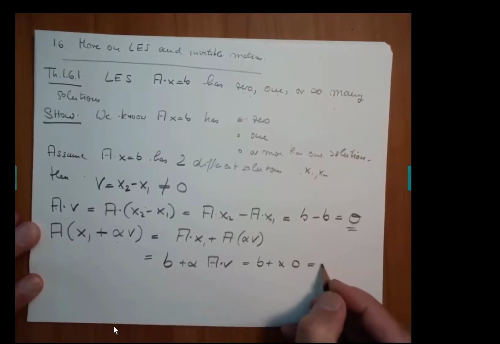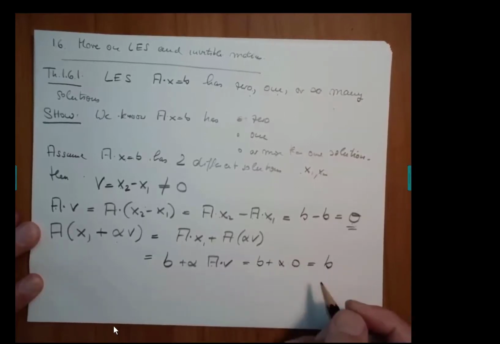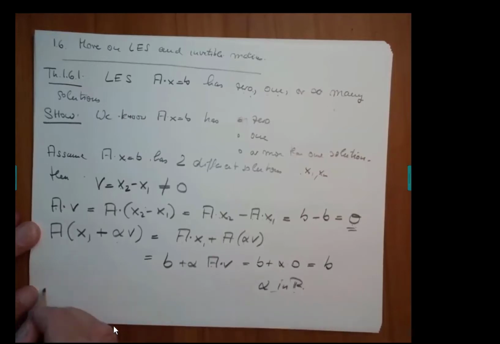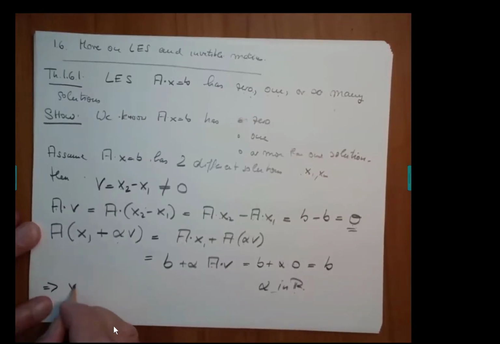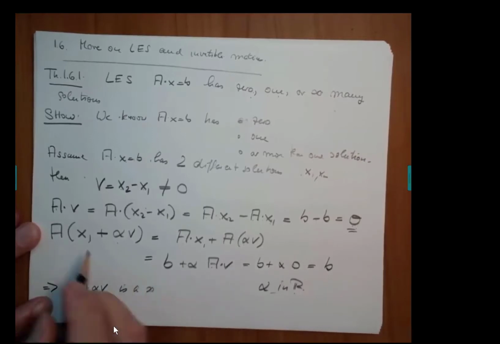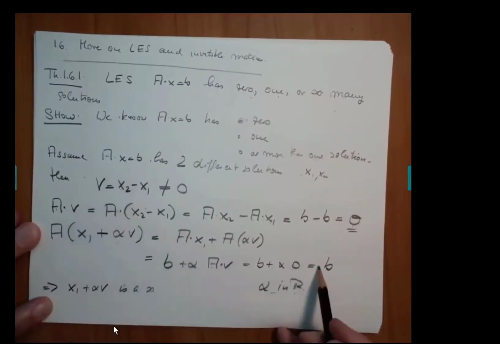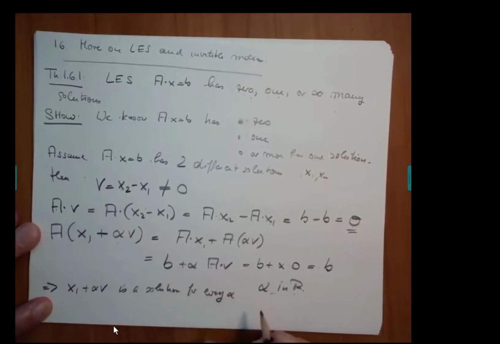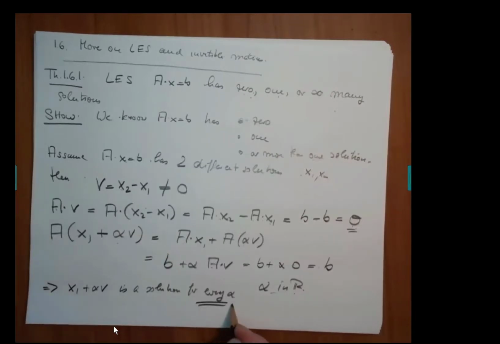Alpha times 0 is 0, so we get B. And here again, alpha is in R, it can be any number in R. So therefore, X1 plus alpha V is a solution of AX equal to B for every alpha, but there are infinitely many alphas, so we have infinitely many solutions.